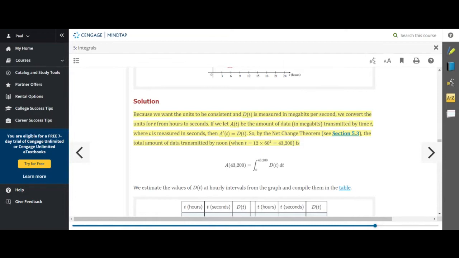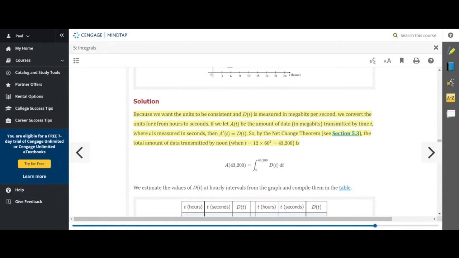In terms of seconds, 12 hours is 12 hours times 60 minutes times 60 seconds. And so that's how you get the final time of 43,200 seconds.